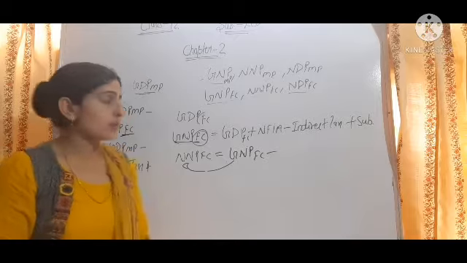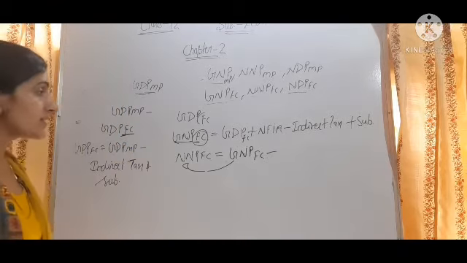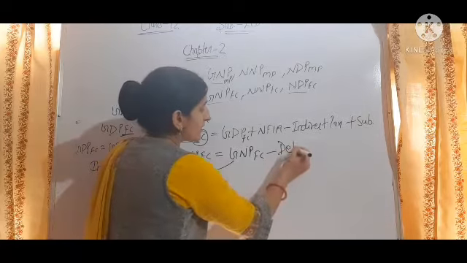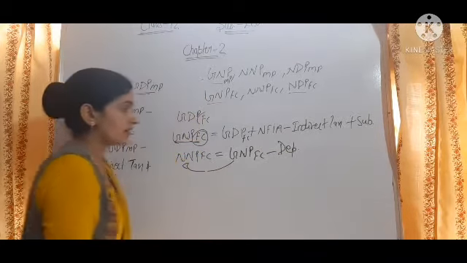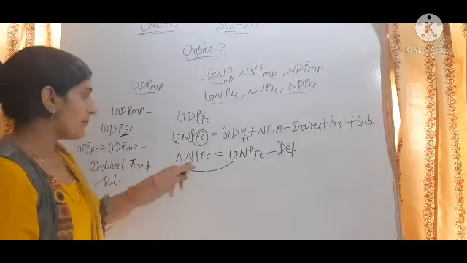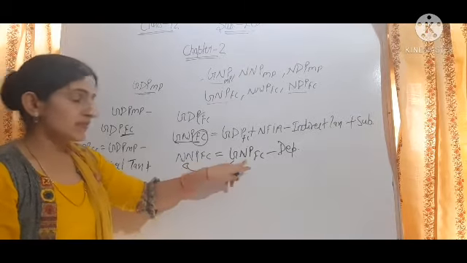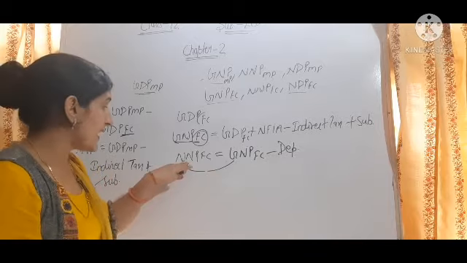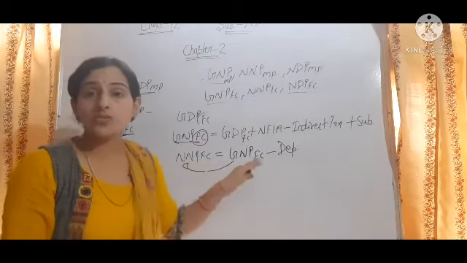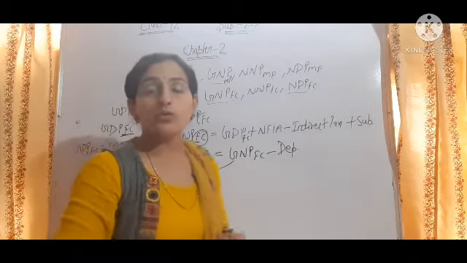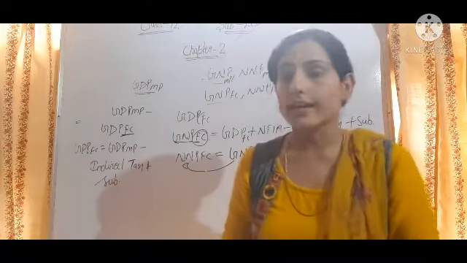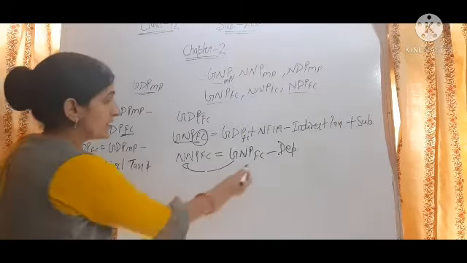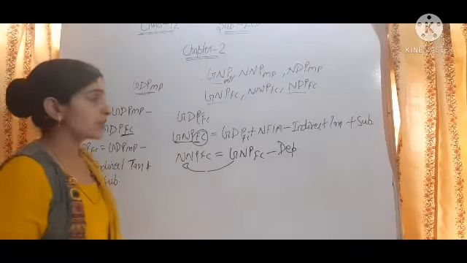Simply depreciation will be excluded. Why? Because NP is the same, the only difference is G and N. This is net national product, this is gross national product. So we have to make gross to net, so depreciation will be excluded.